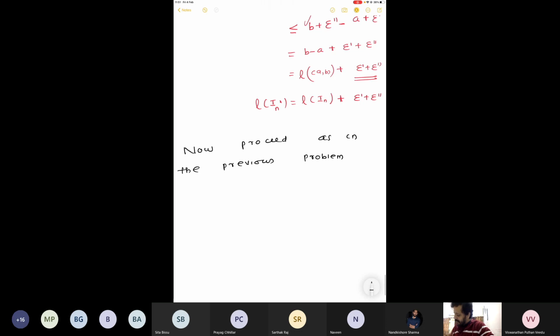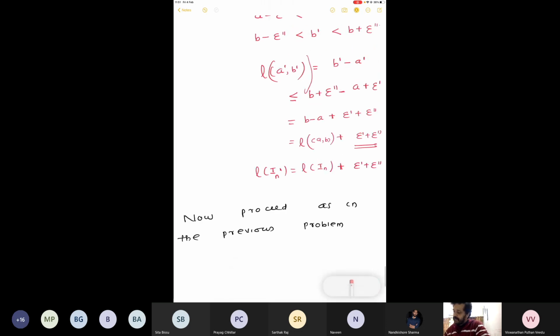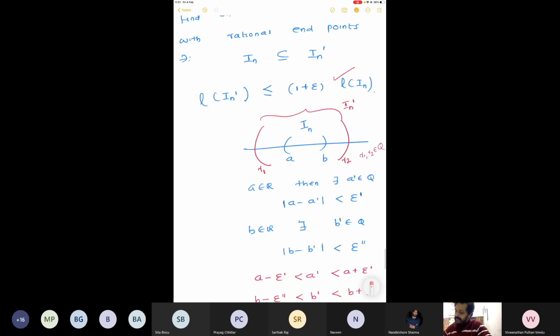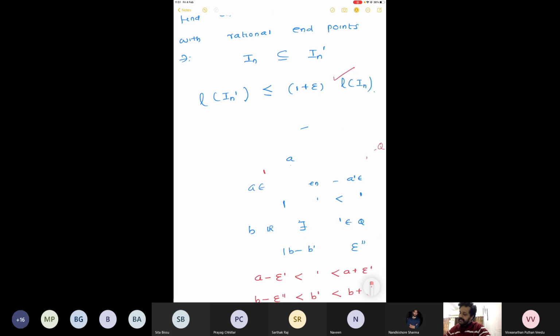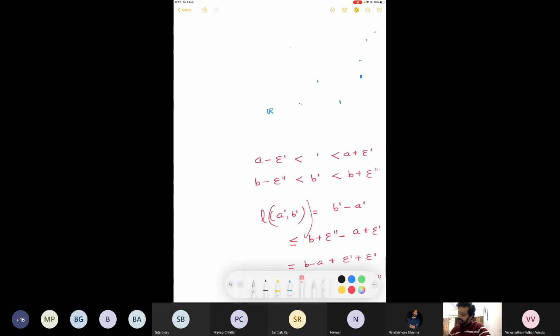I will not write all these things. This is obvious actually. The length of I_n' and the length of I_n I can relate like this. That is by density of Q in R.